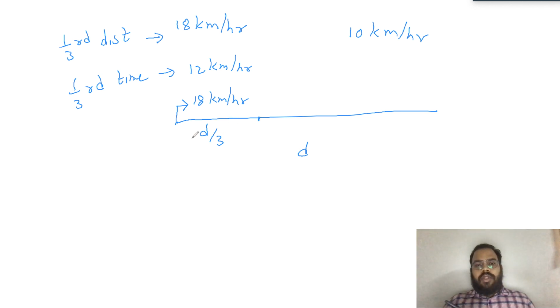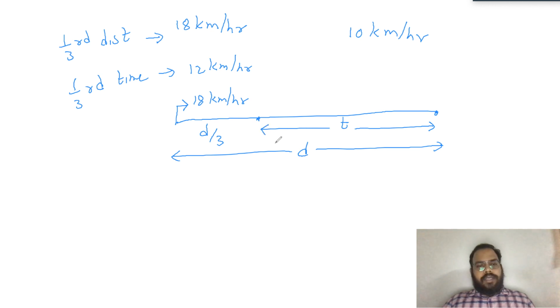Then for the remaining part, from this point to the end point, the car takes time t. So this total distance was d, and let's say this time is t. He is saying for 1/3 of that time, so I'll write t by 3, the car travels with 12 km per hour, and finally completes the journey with 10 km per hour.